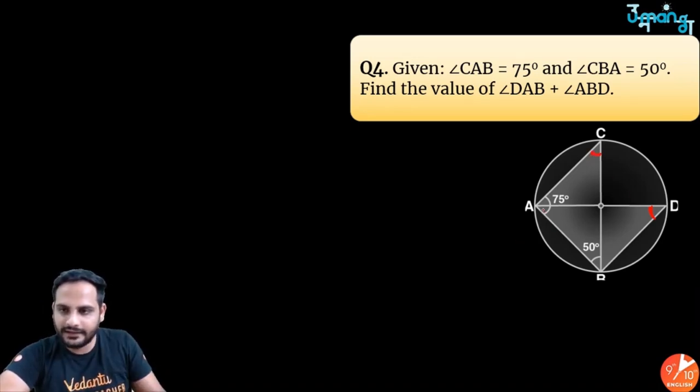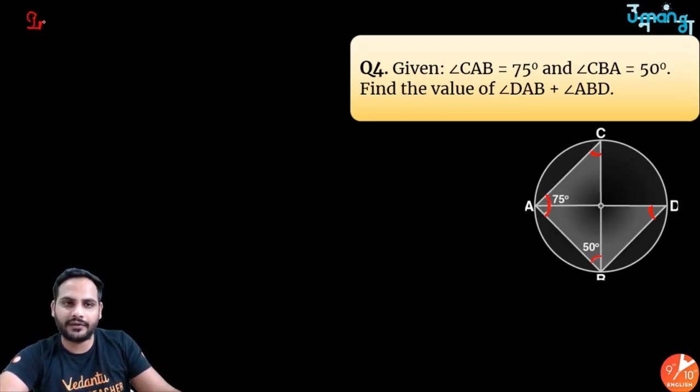And I can see in triangle ABC, I know this angle is 75, I know this angle is 50, so I can clearly get the value of angle ACB, right? So in triangle ABC, I can say that 75 degrees plus 50 degrees plus angle ACB is equal to 180 degrees.